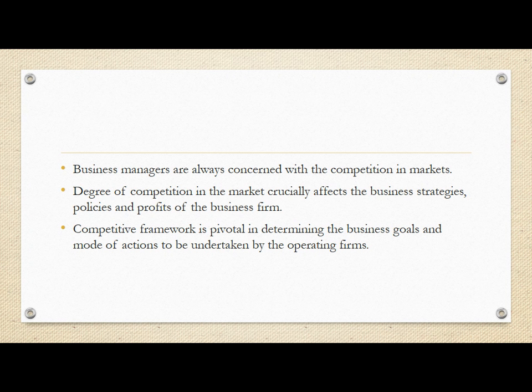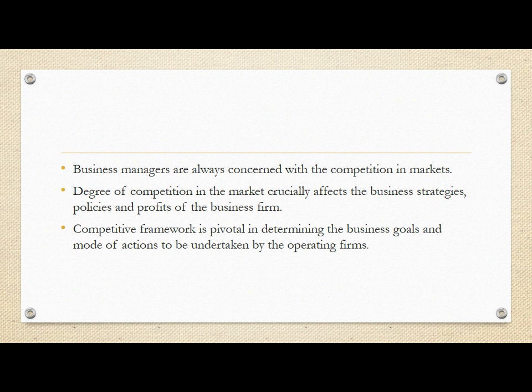In modern times, the competitiveness of the market is determined by the individual seller's or firm's power to influence the market price.